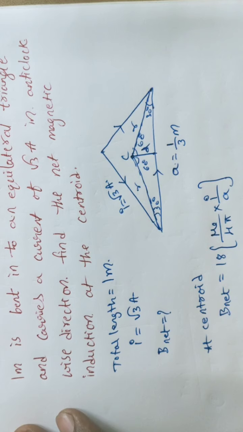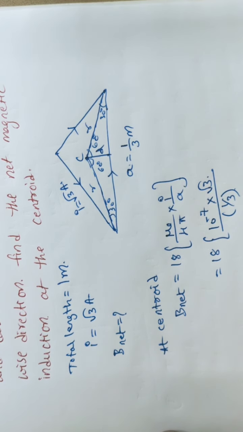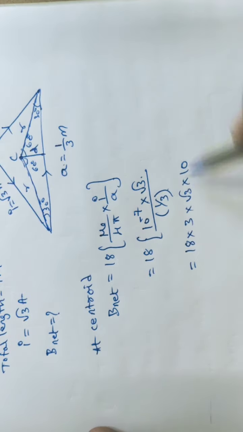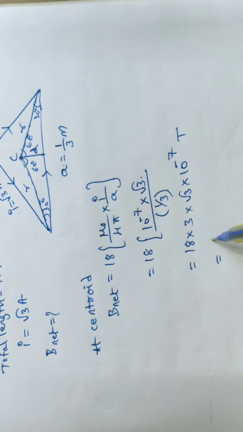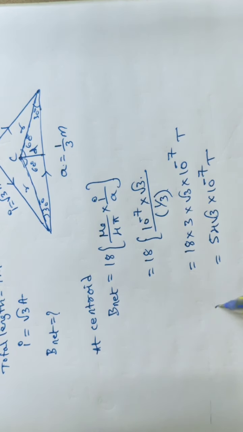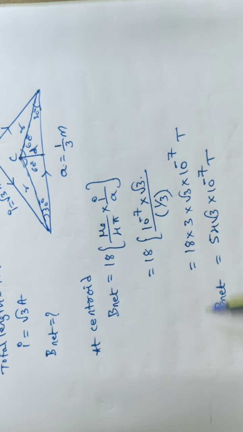Students, just observe carefully. We can write 18 into 3 into root 3 into 10 power minus 7 Tesla. So this is 54 root 3 into 10 power minus 7 Tesla. This is the B net at the centroid of the equilateral triangle.